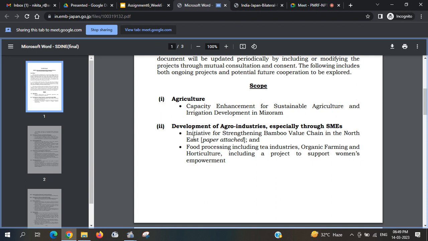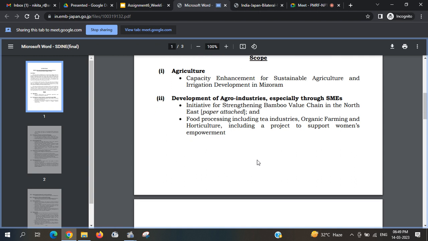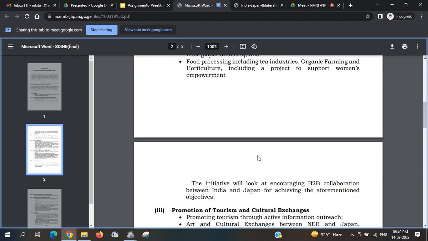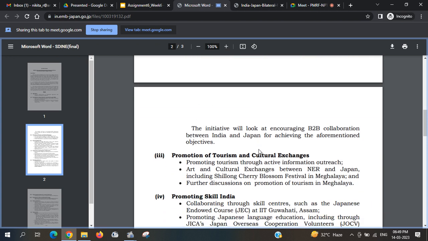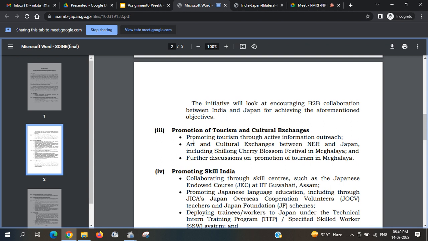So for strengthening the value of that, which is specific to the northeastern states, this is being done. Apart from that, food processing such as tea industries, organic farming, horticulture, etc., which also include a project to support women's empowerment. Then B2B collaboration between India and Japan.